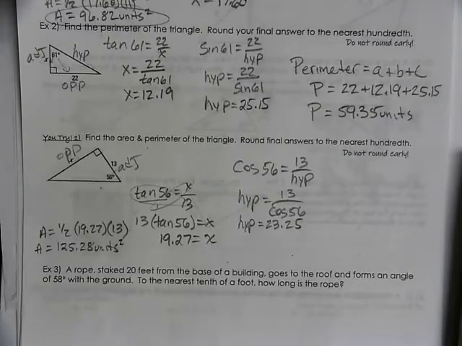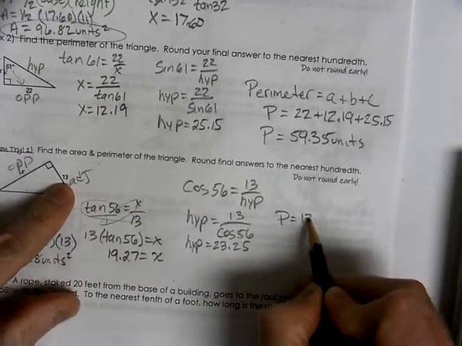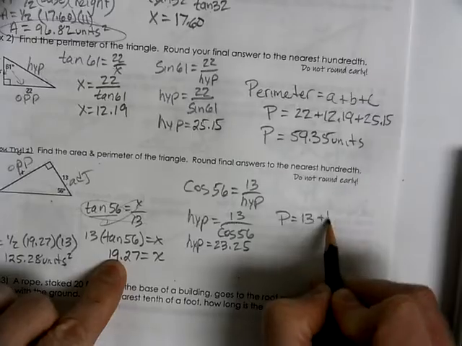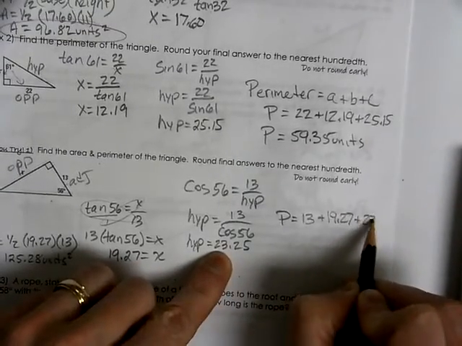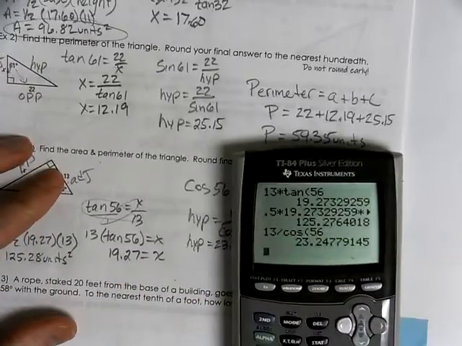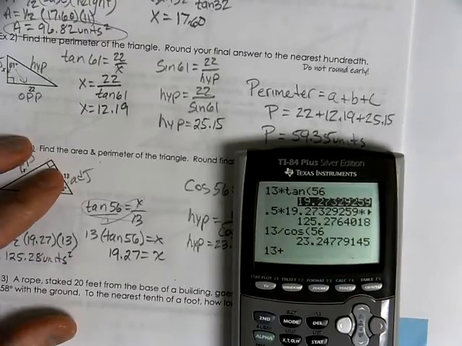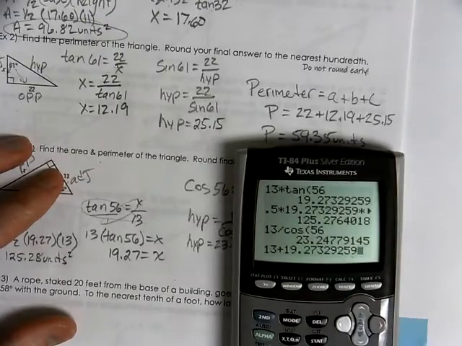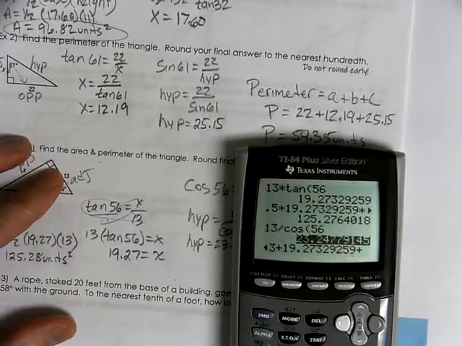So if we were going to add them all together to figure out the perimeter, it is 13 plus approximately 19.27 plus approximately 23.25. We take 13 plus the 19, we'll take that answer, plus the 23 number.